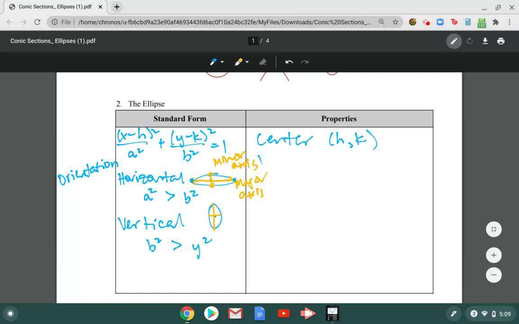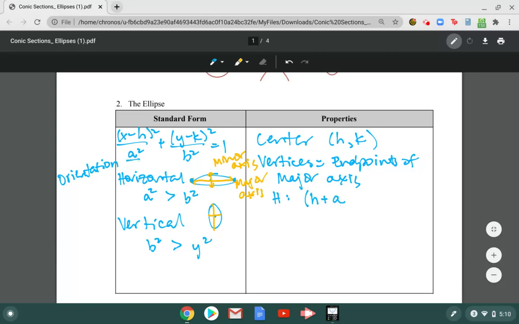The endpoints of the major axis are called vertices. So vertices equal endpoints of the major axis. And we get to these in two different ways depending on the orientation. So if we have horizontal orientation, we're going to get to that in the x direction. So we're going to take the center and we're going to add a.